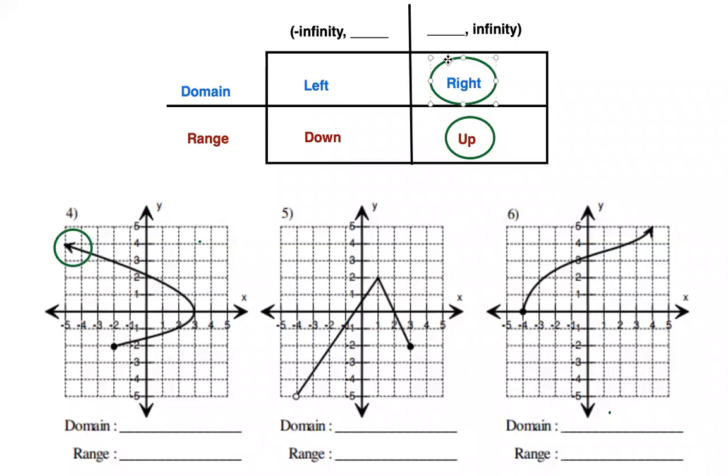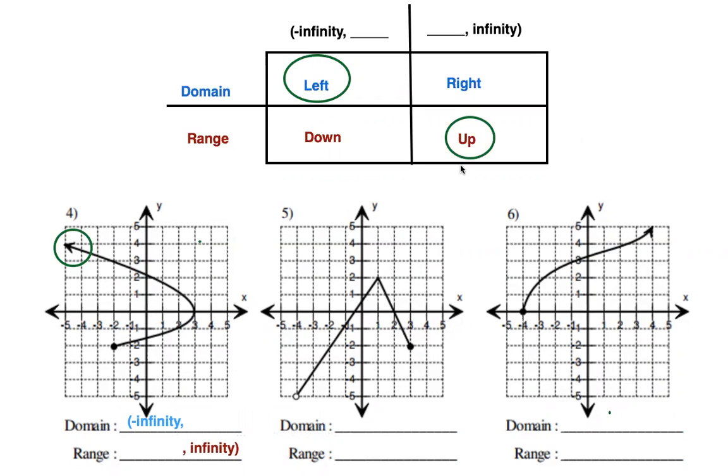That is going to the left and is going up. So my domain is going to have a negative infinity because it's going to the left. My range is going to have a positive infinity because it's going up.